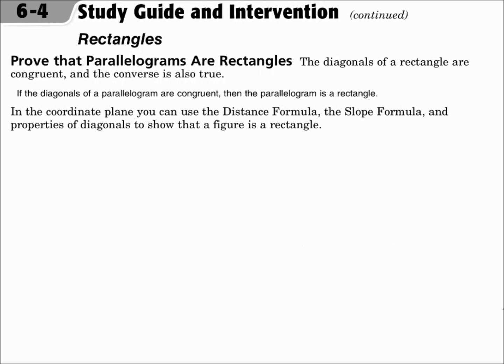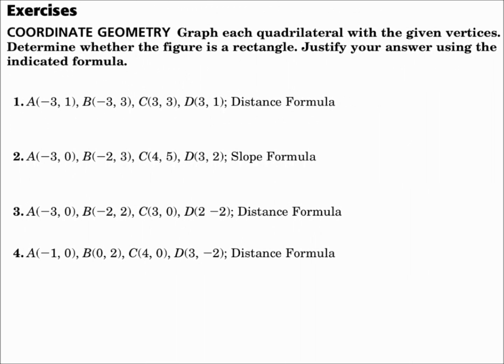We can use the slope formula to see if lines are parallel or perpendicular. So make sure you use the method that they ask and prove that these shapes are rectangles. Graph each quadrilateral with the given vertices and determine whether it's a rectangle. Justify your answer using the indicated formula.